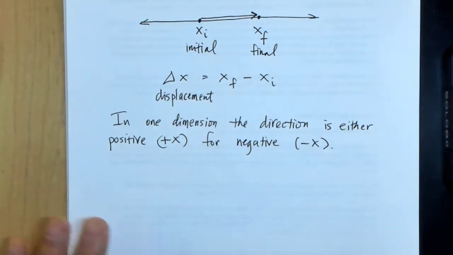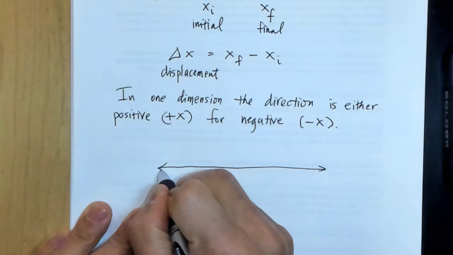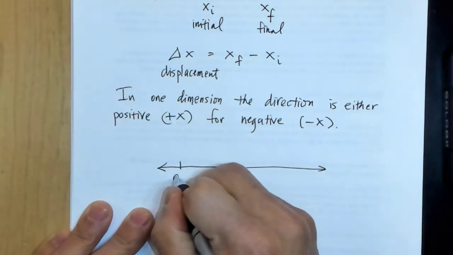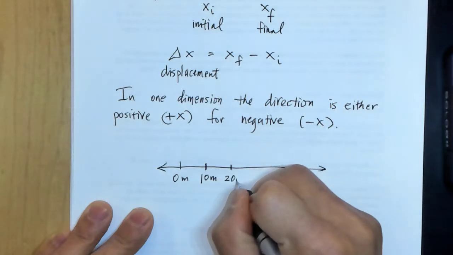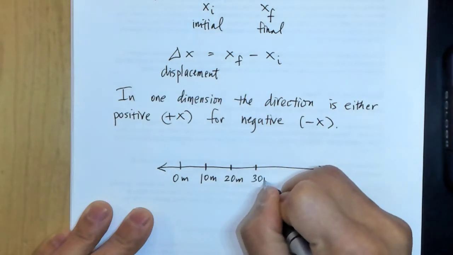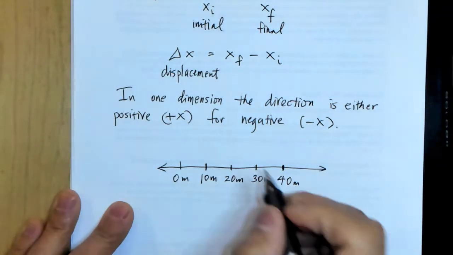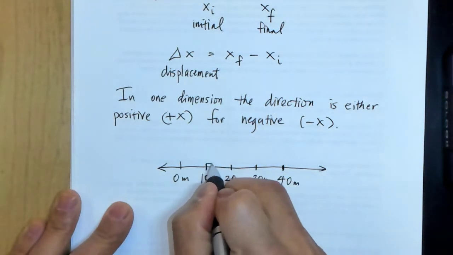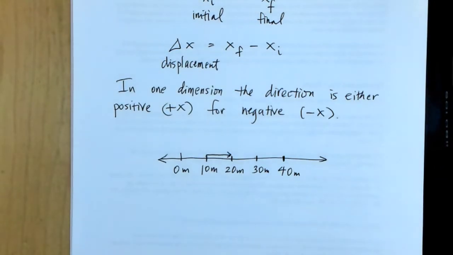Now, if I have, let's say, a number line again, where I've labeled the x positions, let's say this is 0 meters, here's 10 meters, 20 meters, 30 meters, 40 meters. Let's say I go from here to there.